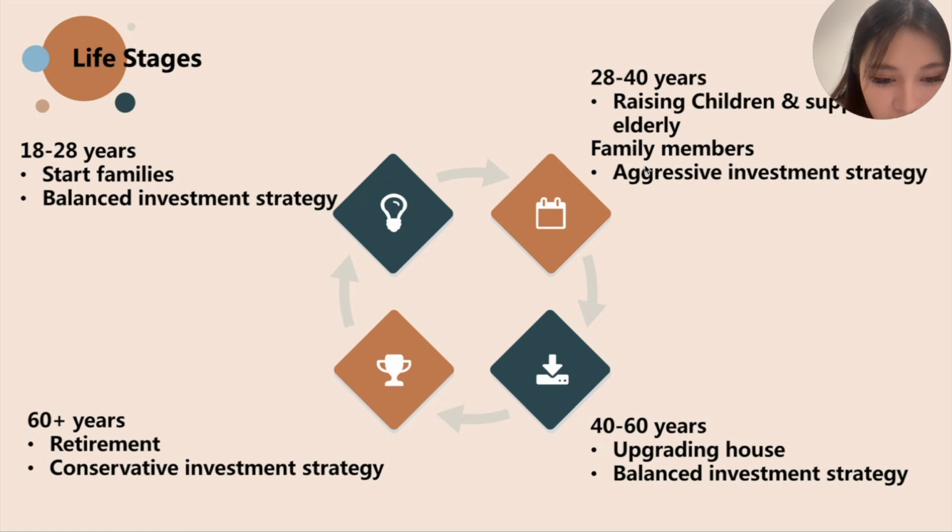For clients aged 40 to 60 who might be upgrading their home, a balanced investment strategy is better. This approach will help pay down mortgages or other long-term debt while preserving wealth, aligning with their decreasing risk tolerance and income levels.